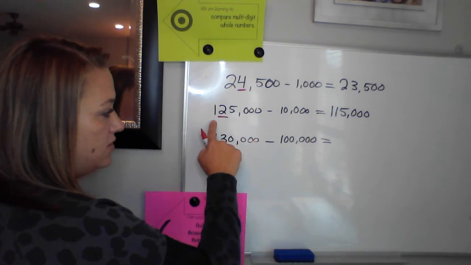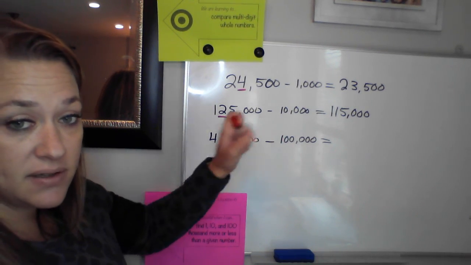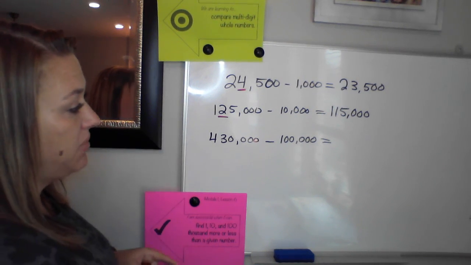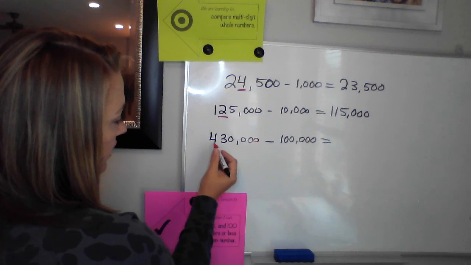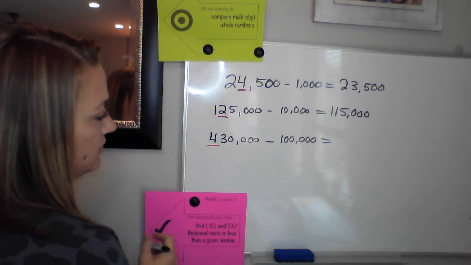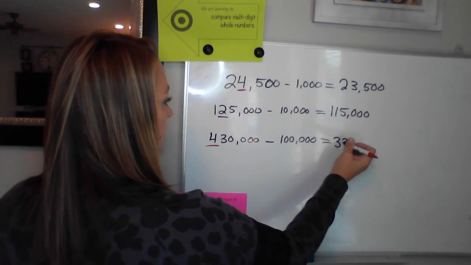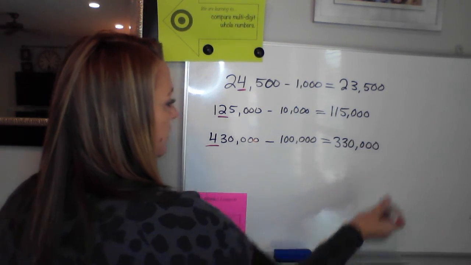My thousands and 100,000 stayed the same because I only took away from my 10,000s. And then 430,000 minus 100,000. Let's locate our 100,000s place. 1 less would be 330,000.